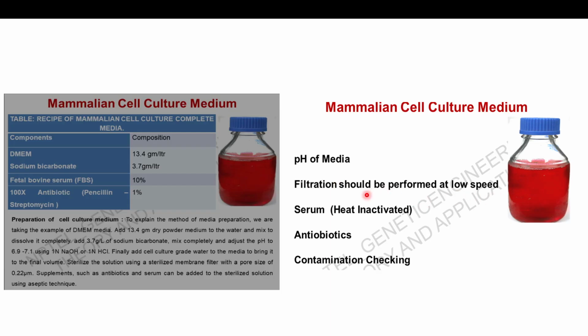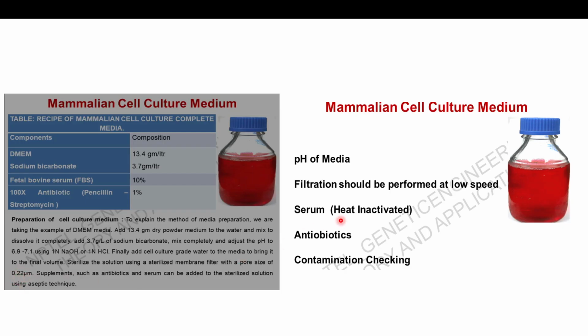So why is it so? Because filtering is basically a filter only, having different kinds. The pore size is as small as 0.22 micrometers. So there are filter papers having a pore size of 0.22 micrometers.